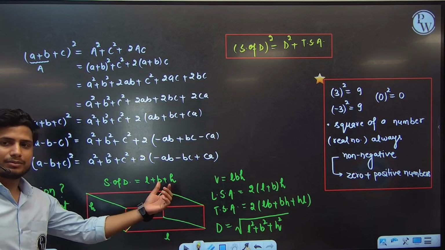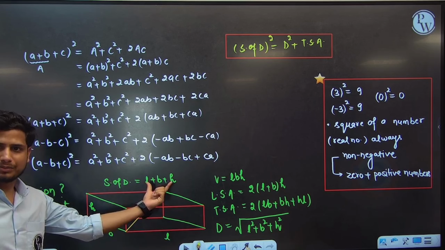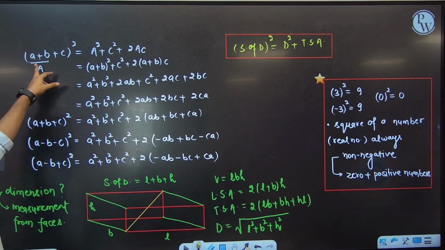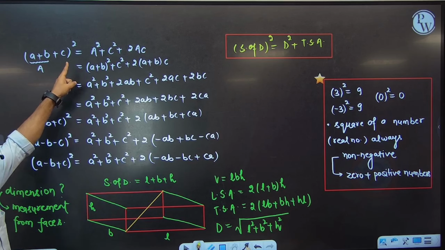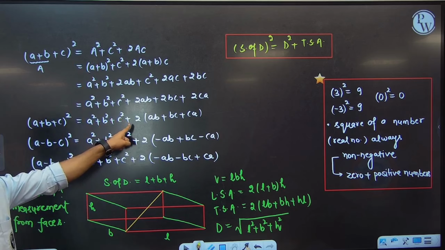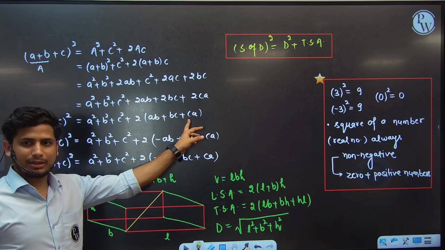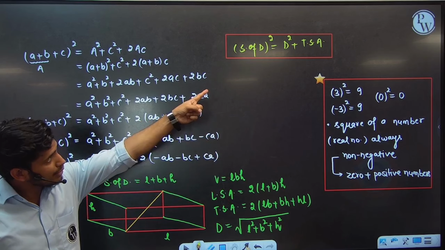Look at the board now. Sum of dimensions L plus B plus H. Put here L plus B plus H, then you get L square plus B square plus H square plus twice of (LB plus BH plus HL). This is nothing but the TSA of a cuboid.